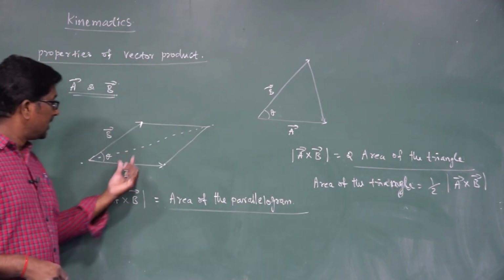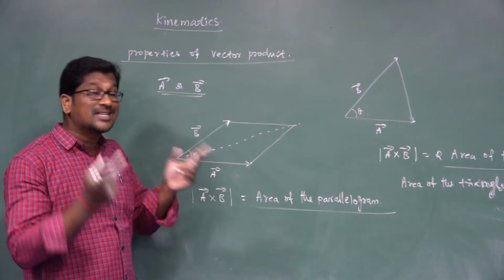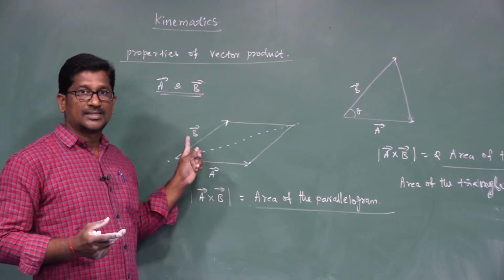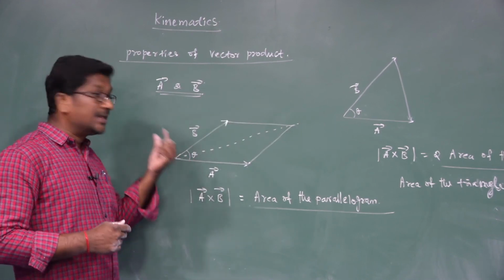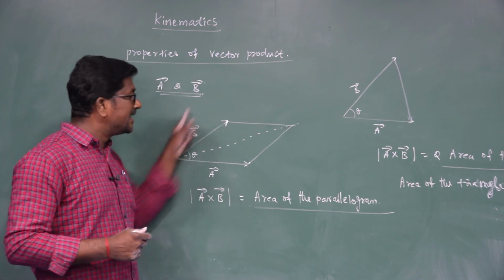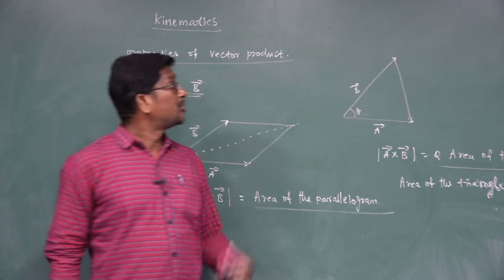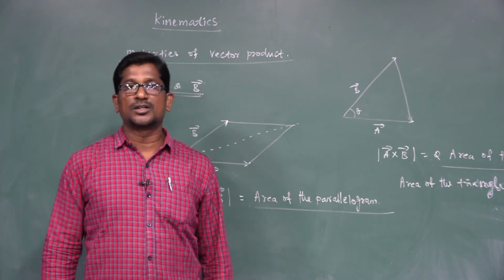But when A vector and B vector are the two adjacent sides of a parallelogram, the modulus of the cross product of these two vectors gives the area of the parallelogram. So these are the important properties of the vector product of two vectors.